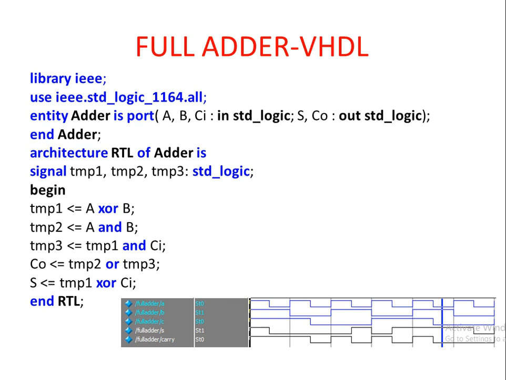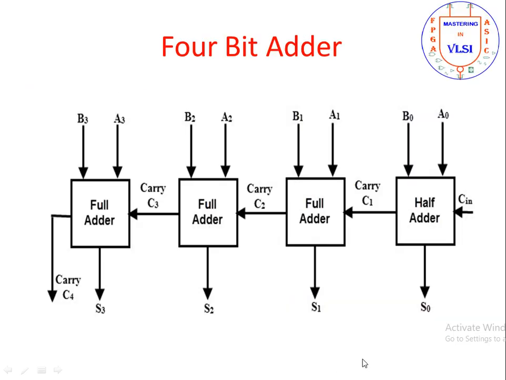Then the architecture RTL of adder, where we have to specify clearly which entity this functionality corresponds to. We are mentioning adder and 3 temporary variables. As usual, data flow modeling is implemented here, and 5 gates we have used: 2 XOR gates, 2 AND gates, and 1 OR gate. At the bottom we have specified the corresponding waveforms.